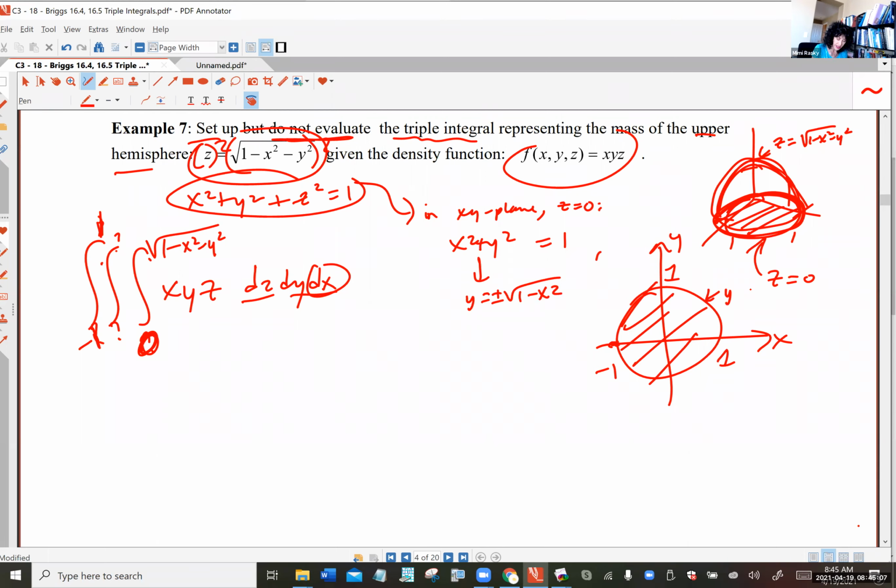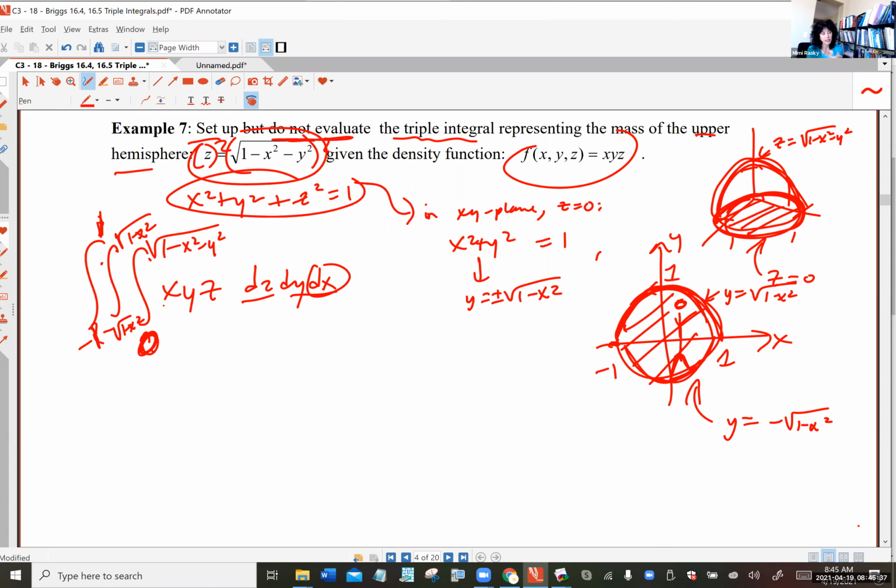So the positive square root is the upper limit on y. If you put your little man in here, his head is on the upper semicircle, so that would be the positive square root of 1 minus x squared. And the little man's feet are on the graph of y equals negative square root of 1 minus x squared. So the lower limit for y would be negative square root of 1 minus x squared.